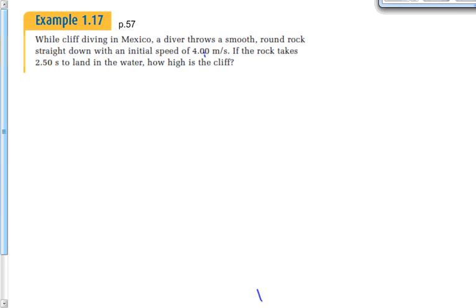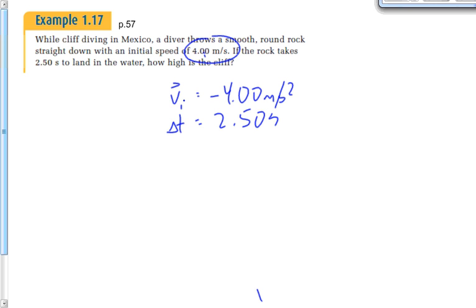So let's do this now, okay? We're going to say VI is -4. Why -4? Because it's being thrown downward. It's thrown straight down at 4 meters per second. T is 2.50 seconds. We know the acceleration is -9.81 meters per second squared.